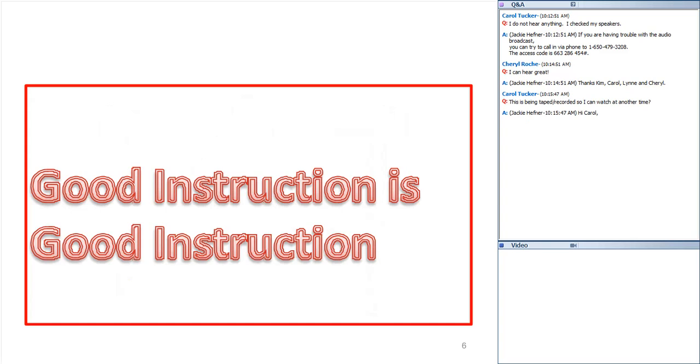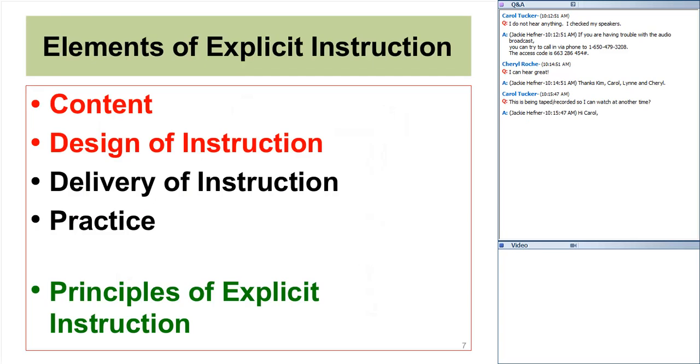And I can't wait. I'm going to be certain you have time for questions at the end because of the goals that you're in. So if you remember, we took the first chapter and we had the 16 elements of explicit instruction, divided up into ones related to content, ones related to the design of instruction, ones related to the delivery of instruction, and then also ones related to practice.